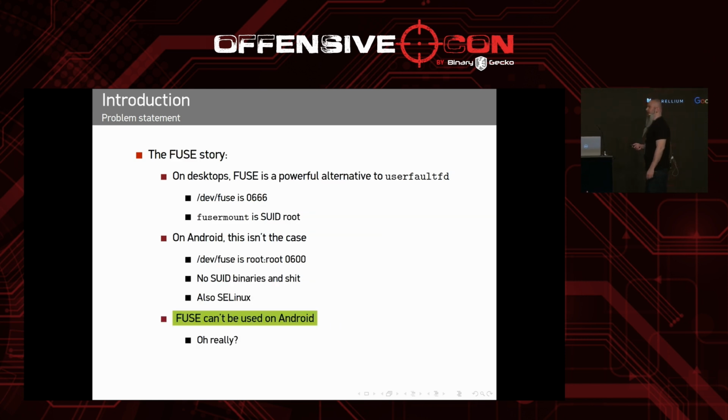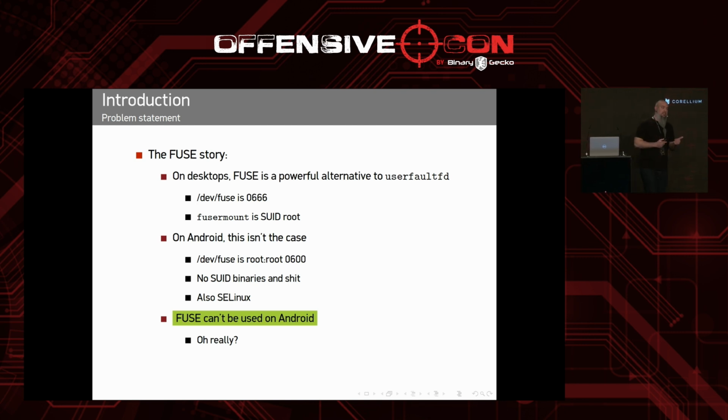Now, an alternative technique to userfaultfd is the one using userland file systems, or FUSE. On desktops, FUSE is a very powerful alternative to userfaultfd because /dev/fuse has world-accessible permissions, and also fusermount is a suid root binary, so unprivileged applications can actually use it.